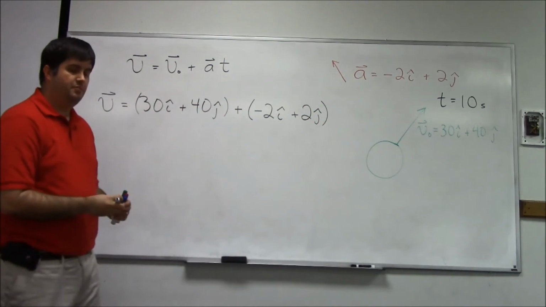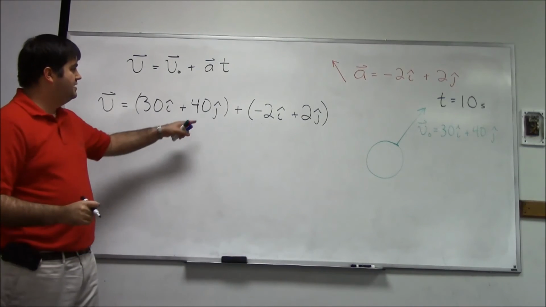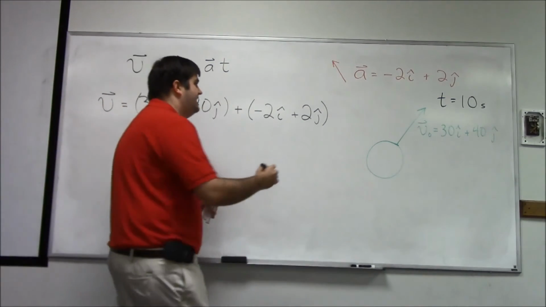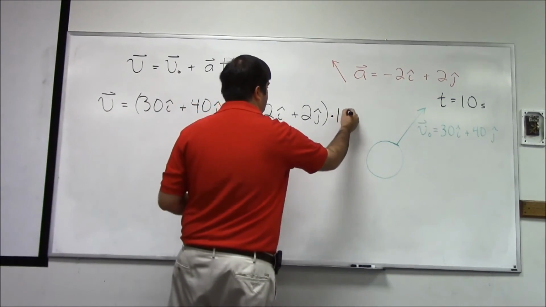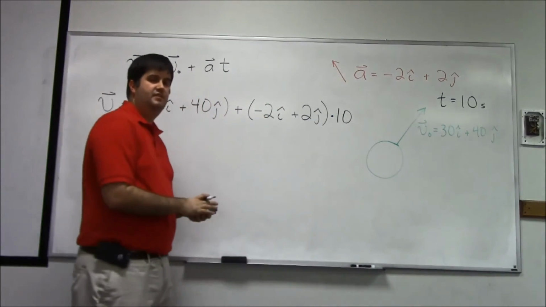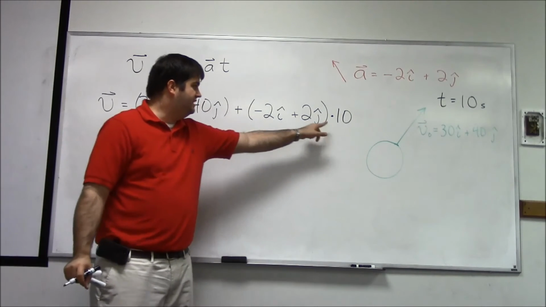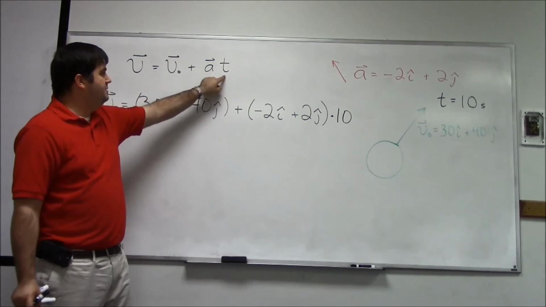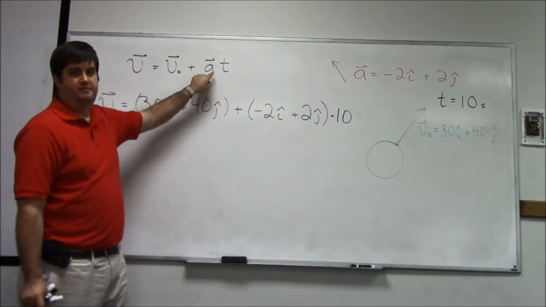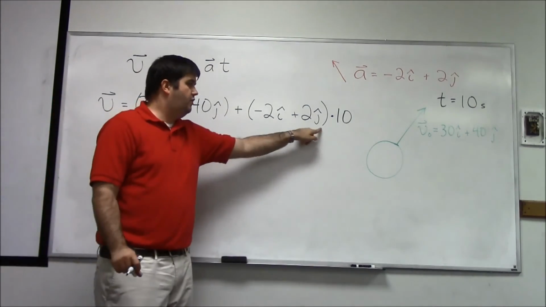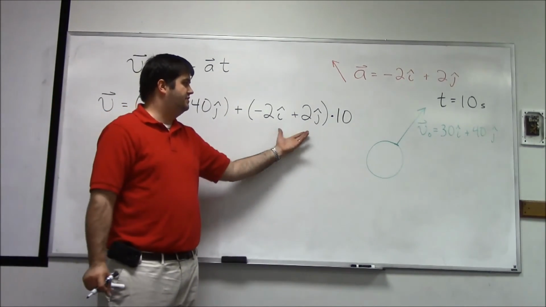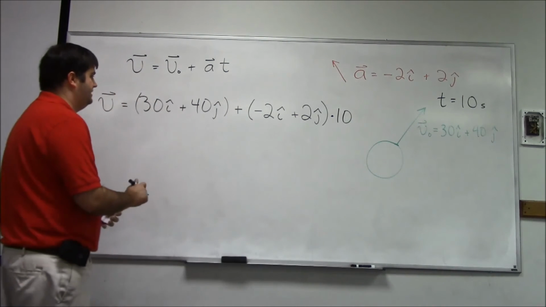Now here, having the parentheses is very useful because it reminds me that when I multiply by t, which is 10 in this case, I'm not just multiplying the last term by 10. t is being multiplied by the acceleration vector. This whole thing is the acceleration vector, and so the whole thing needs to be multiplied by 10.